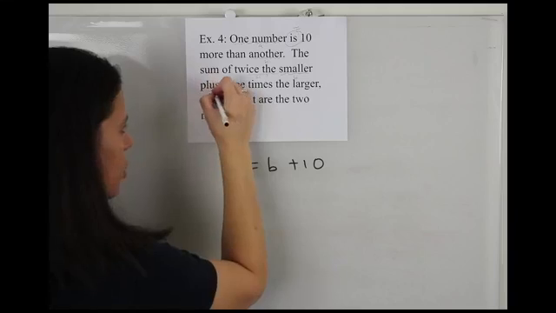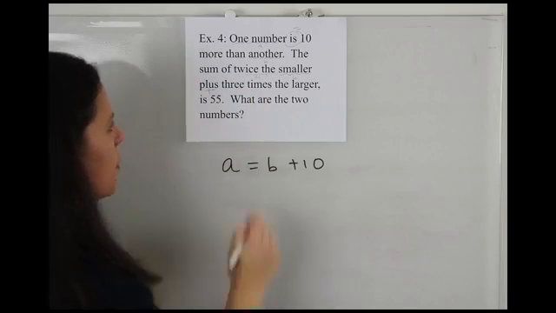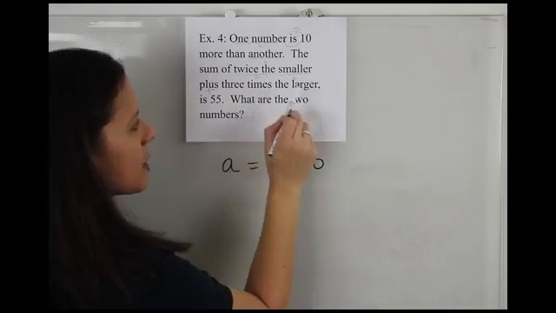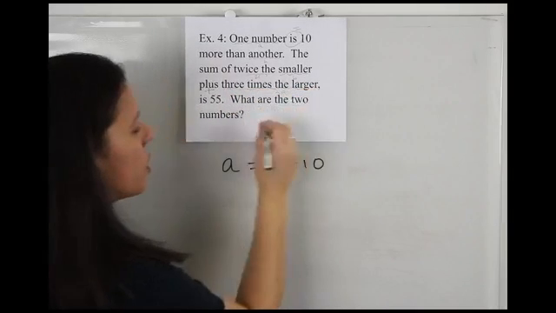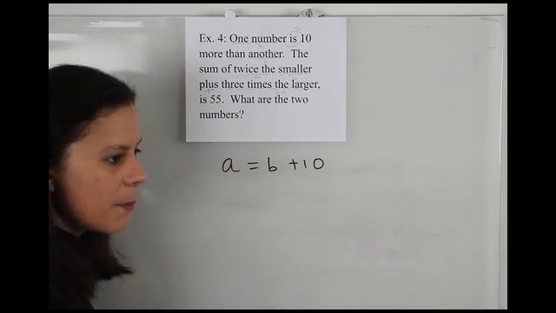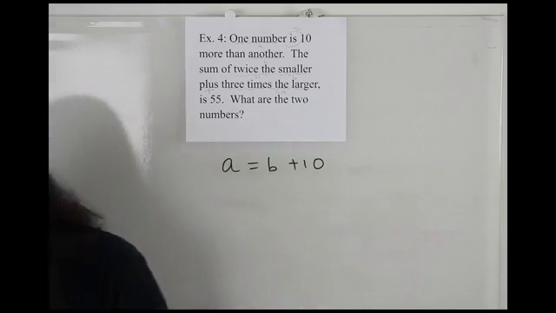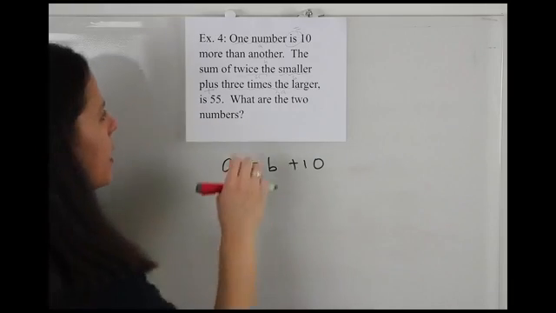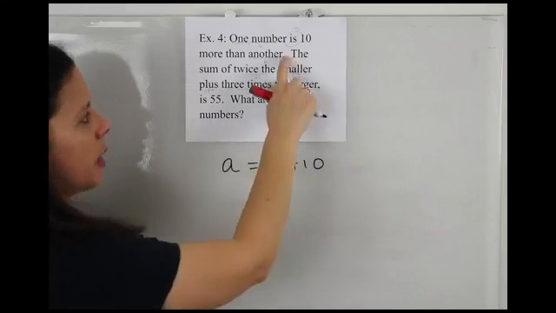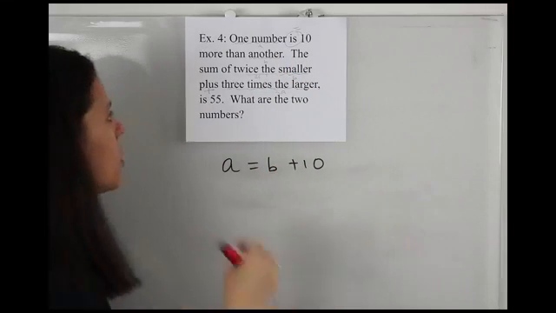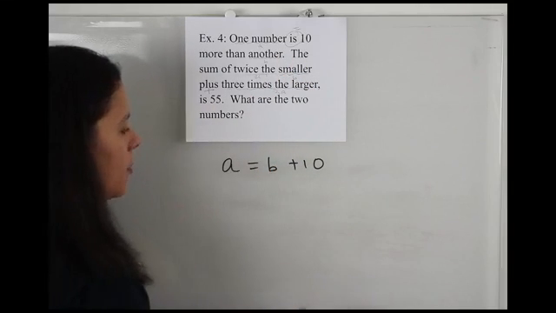Plus, that's literally just a plus sign, right? 3 times the larger number. So it's going to be 3A, because we know the larger number is A. That's literally how we write it. It doesn't have an "and," but it's a different sentence, so we can assume it's a different equation.